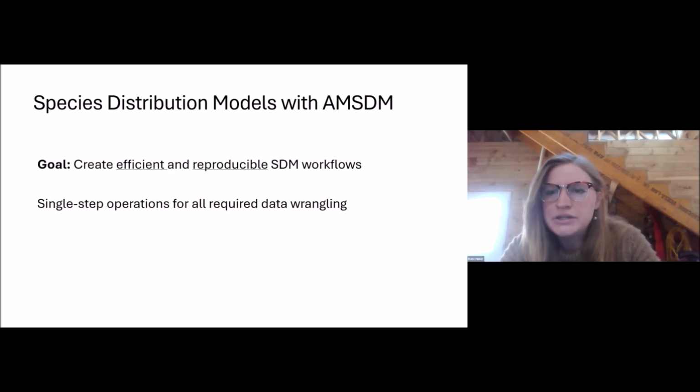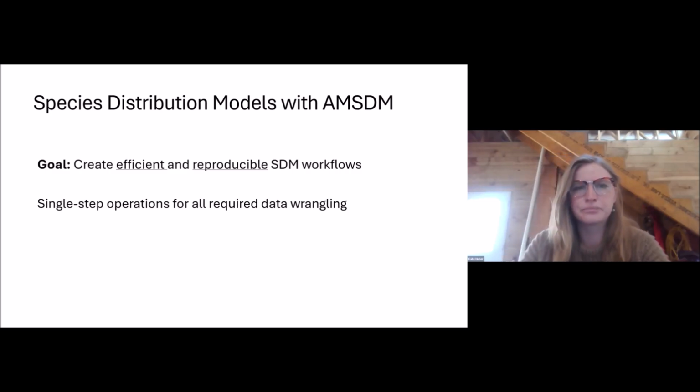With this new R package, AMSDM, we're hoping to create efficient and reproducible workflows. So you can have just single-step operations for each step of data wrangling, have very readable code, have it reproducible if you're publishing any of your work. You don't need pages and pages of code released with your paper.